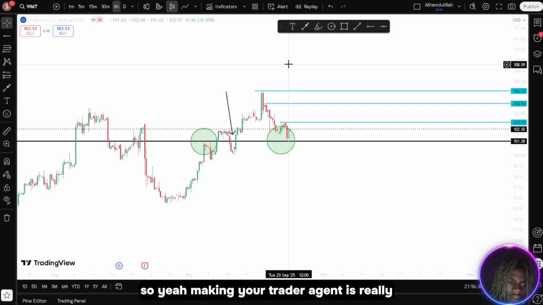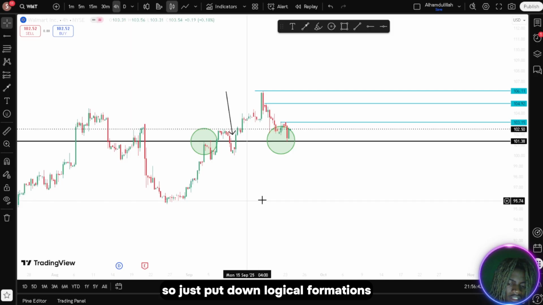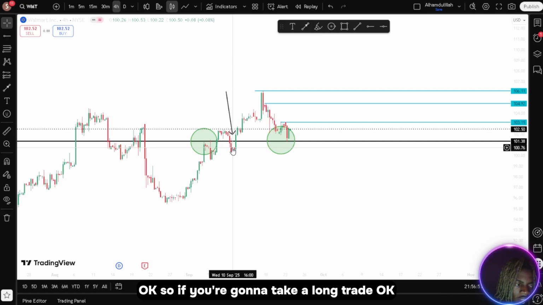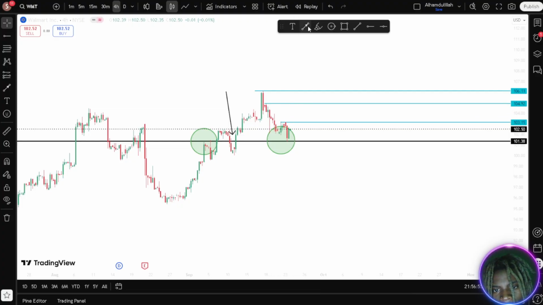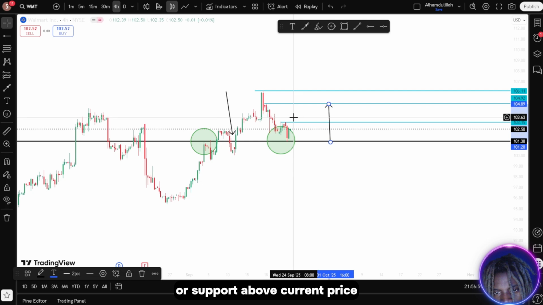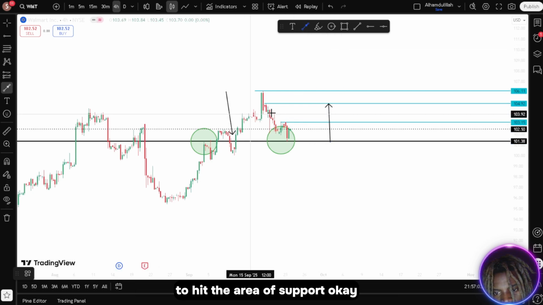So yeah, making your trader agent is really going to be imperative to your success. So just put down logical formations and know what type of setups you want to take. Okay, so if you're going to take a long trade and you want to wait for an area of resistance to be broken, you could take it up to the next area of resistance or support above current price, or you could wait for the area of resistance to hit the area of support.